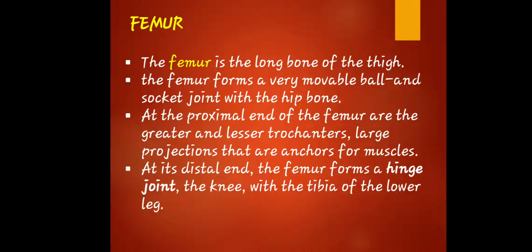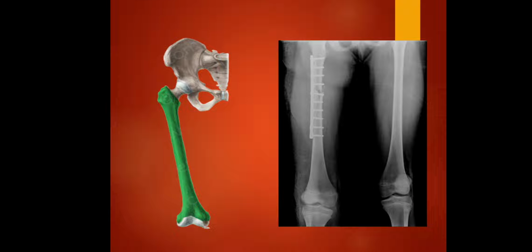That is why we are able to carry heavy things, because of femur. That is why there is stability of our body, because there is a bone which is femur. Okay? So that is the location of the femur.